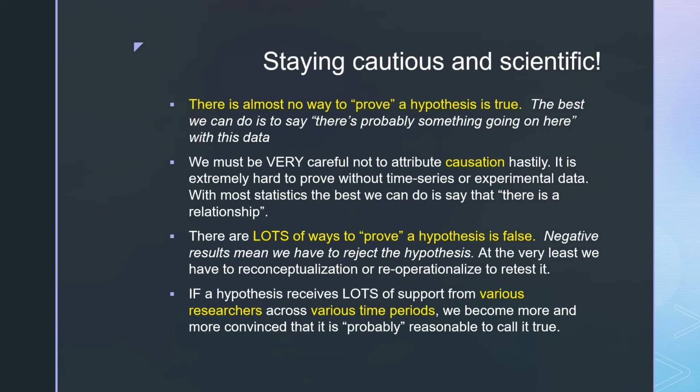It doesn't mean a non-supported idea the way it's often used in common language. A theory is a hypothesis that has received tons of support from more than one researcher across a long period of time with very little contradiction. True scientists are patient and skeptical creatures who make limited claims rather than broad sweeping ones.